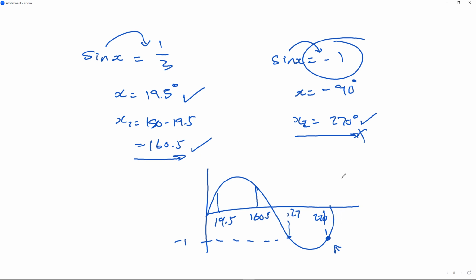Wait, one second as well. And why? Well, if I did that, what am I actually implying? I'm implying that there's two possible solutions, but why not? Because if we know the sine graph well enough, we know that that doesn't exist, because that's where negative 1 is, which means that that's going to be 270, which means there is no other solution, because there's only a single point at negative 1.